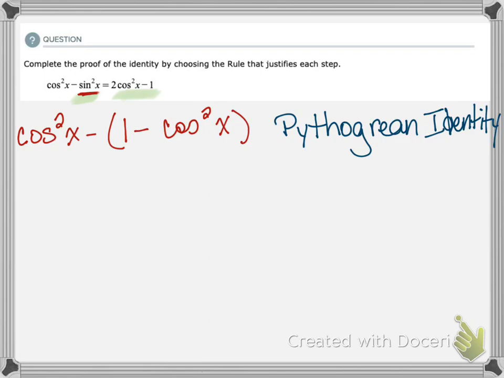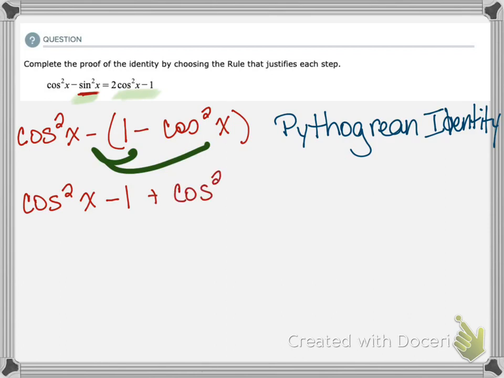I'm going to distribute this negative. I'm just going to use algebra. So when I do that, I'm going to have cosine squared of x minus 1 plus cosine squared of x. Then, I've got a cosine squared of x here and a cosine squared of x here. Those are like terms.